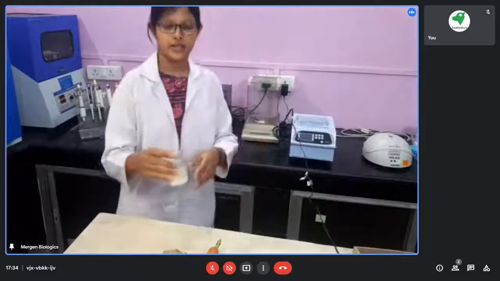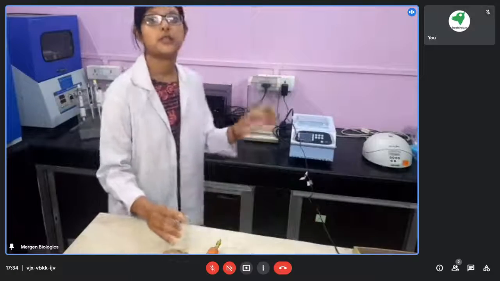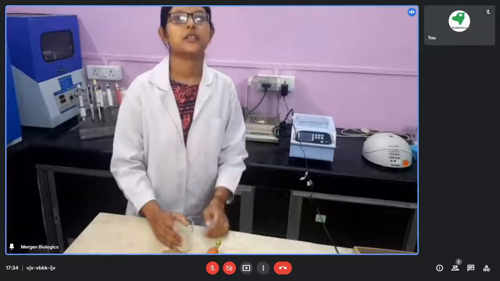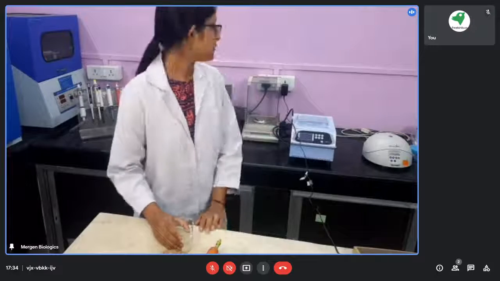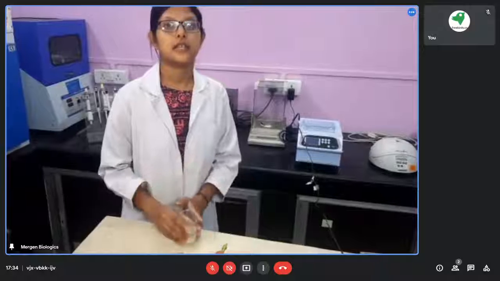I will boil this rice in this microwave. You can use any apparatus for boiling you have. I have the microwave, so I will use it. And for the glassware, you can use anything that you have, any utensil. In my lab, glasswares are pretty common, so I have used this.